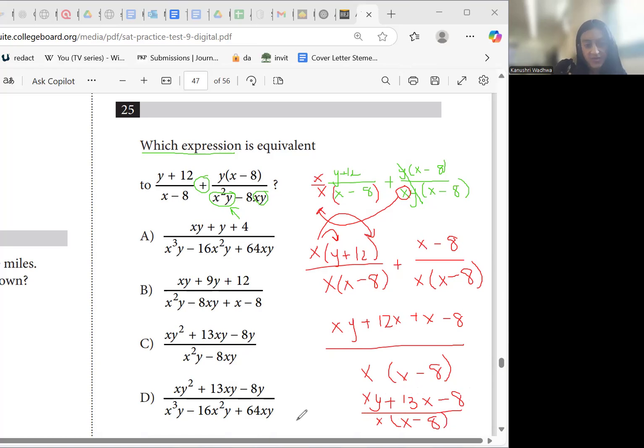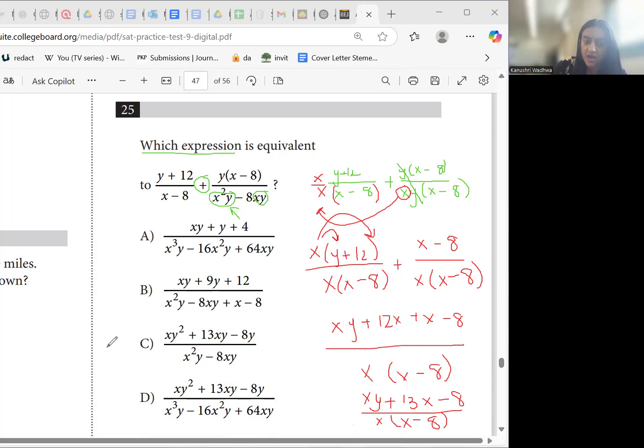The problem is it doesn't look like any of those are in our answer choices, but we know for a fact that when you multiply something by the numerator and denominator, it might look a little different. However, you do have to keep in mind that that 13 over there and that 8 over there are probably going to show up in the answer choice.